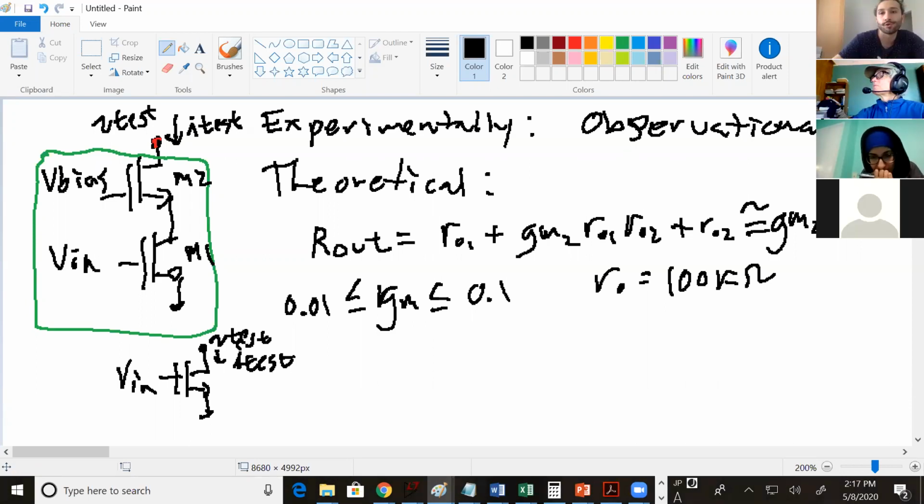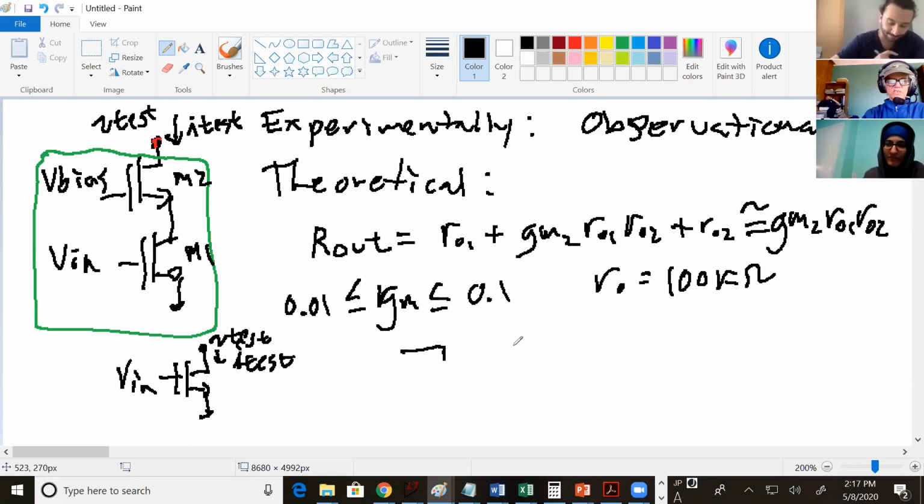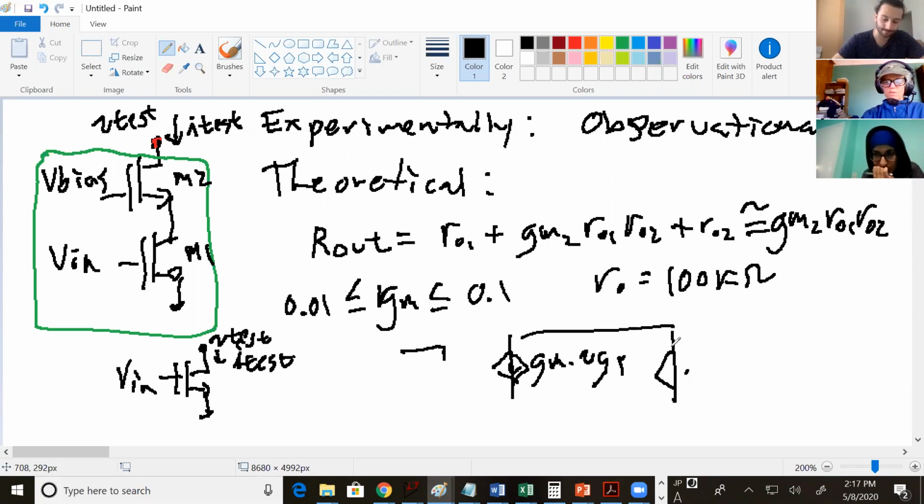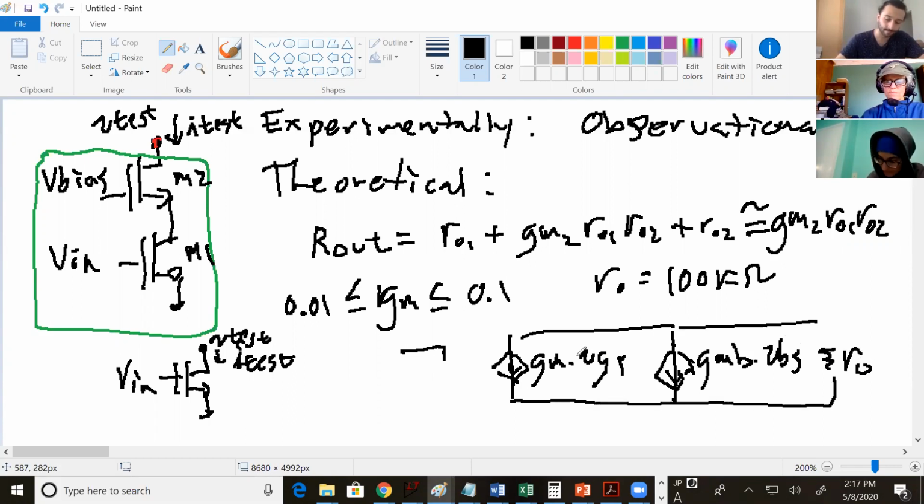I don't want to redo work from last time, but for the MOSFET, just to remind you, here's our single transistor, and we'd have V in on here.